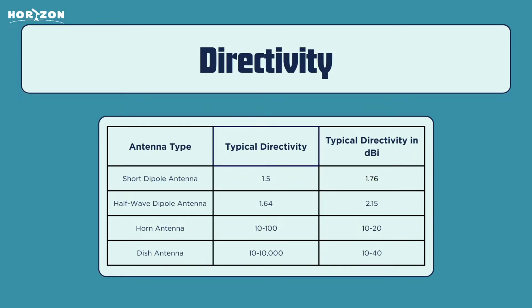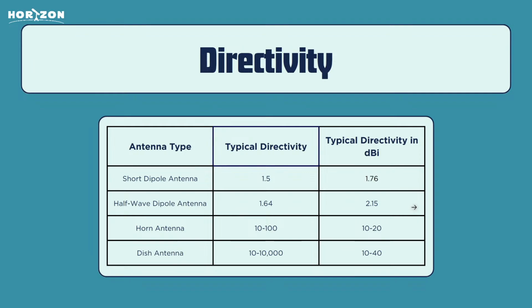And these are the typical directivities of other antennas. So you'll see that a short dipole antenna has a directivity of 1.5. A half-wave dipole has a directivity of 1.64. A horn antenna has a directivity of 10 to 100.